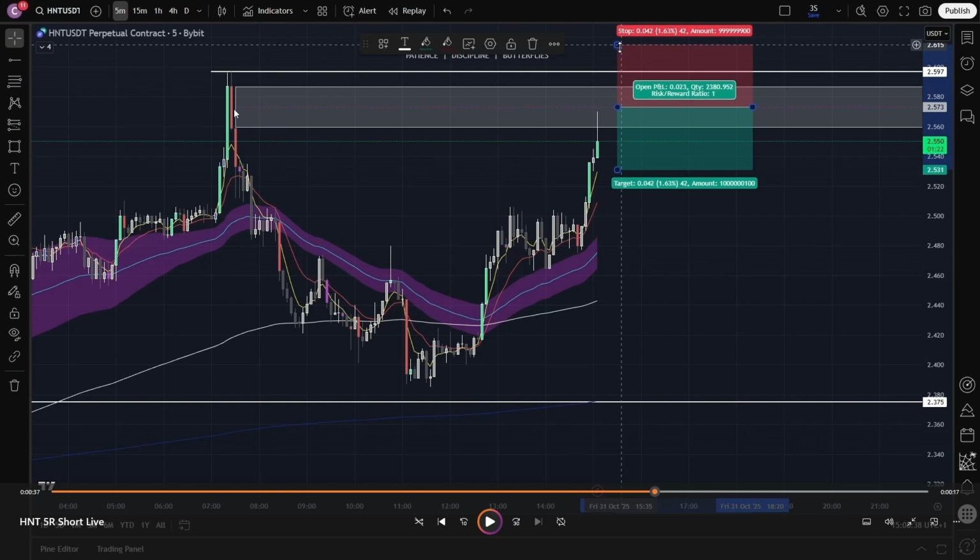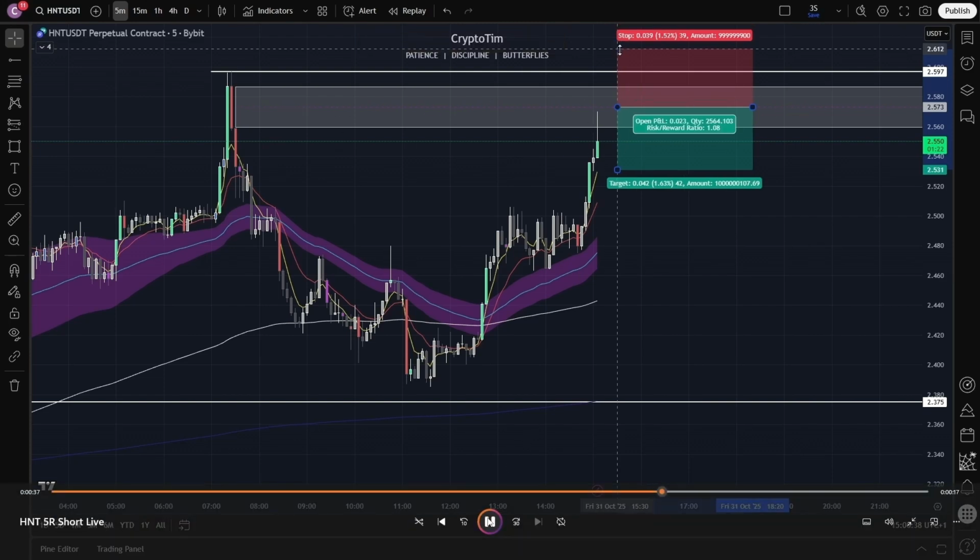I'm willing to enter here in the midpoint of this red vector candle. Very important here is I have my stop loss above the liquidity with some wiggle room. I do want this wiggle room above, as I'm not quite certain if they want to do the full recovery of the vector candle or sweep the liquidity.